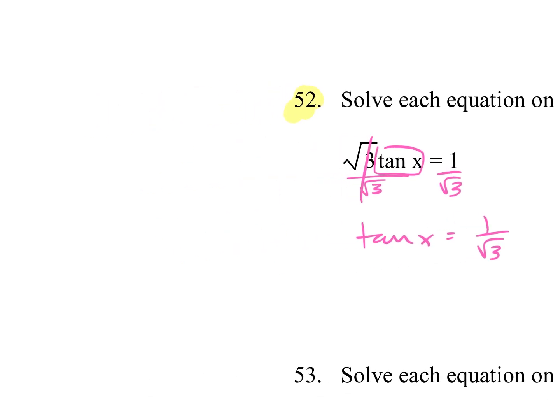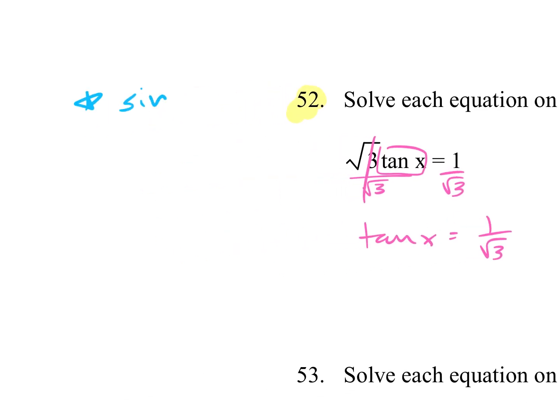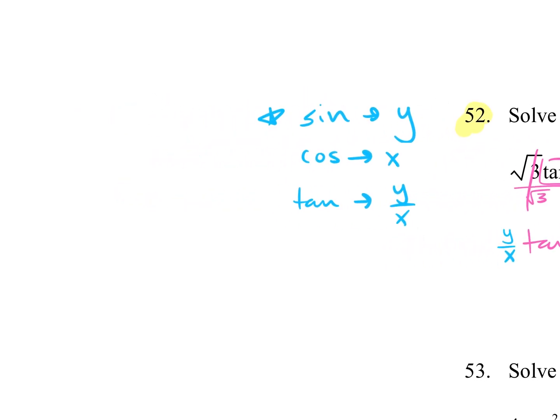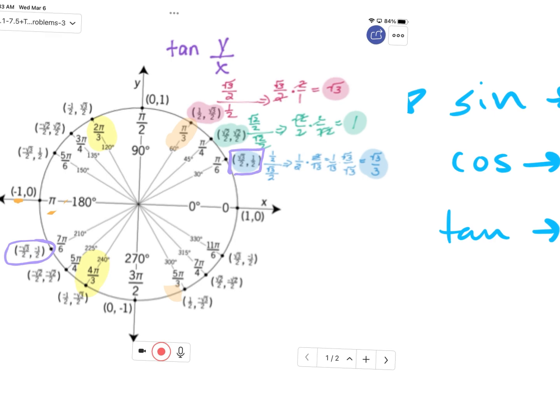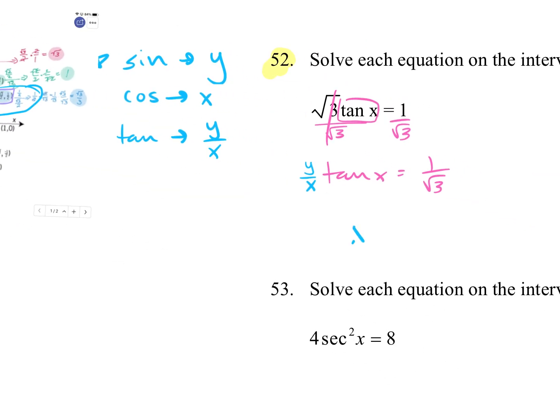As a reminder, sine, you look at y, cosine, you look at x, and tangent is y over x. So here we're looking at y over x on the unit circle. We're looking for 1 over square root 3, which would be this one. So that would be pi over 6. So x is equal to pi over 6.